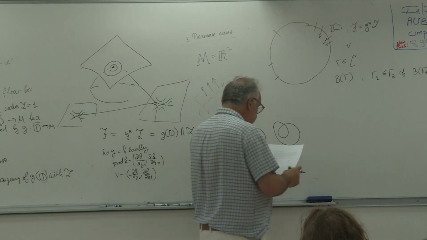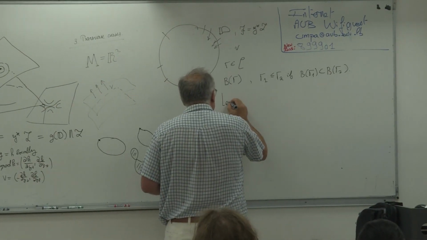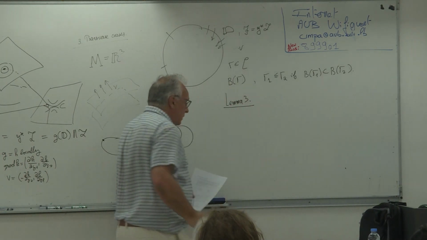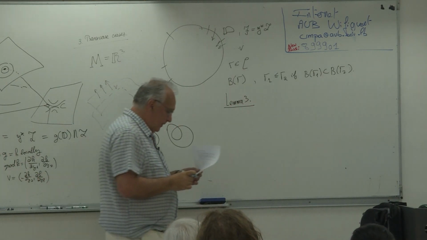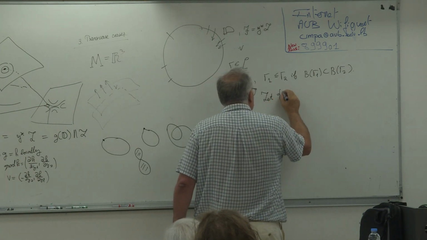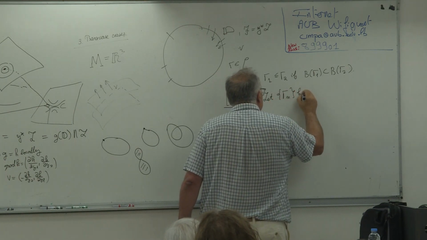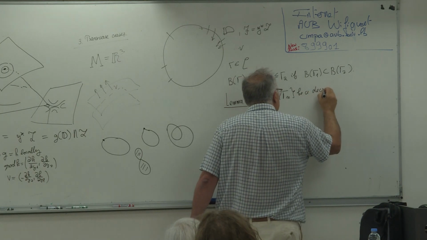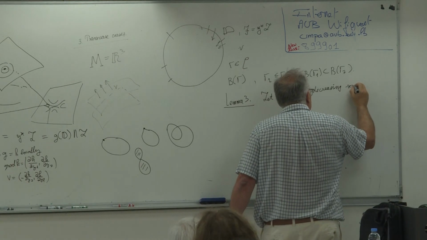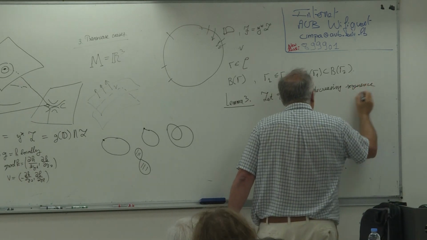And lemma 3 is the following. Let gamma n be a decreasing sequence of polycycles.